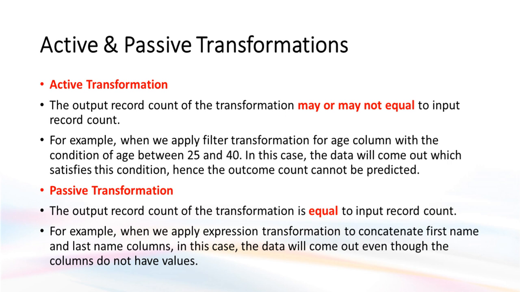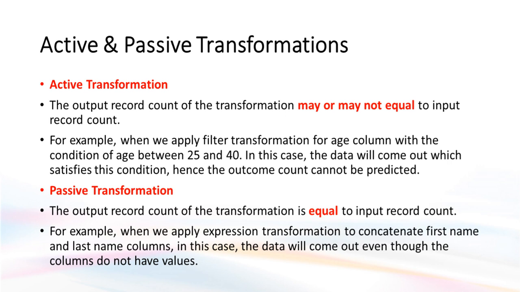In the source table, there are n number of ages, but in the target table I want records only between ages 25 and 40. So here we have filtered the records based upon the age limit. That's the reason this transformation is called a filter transformation.